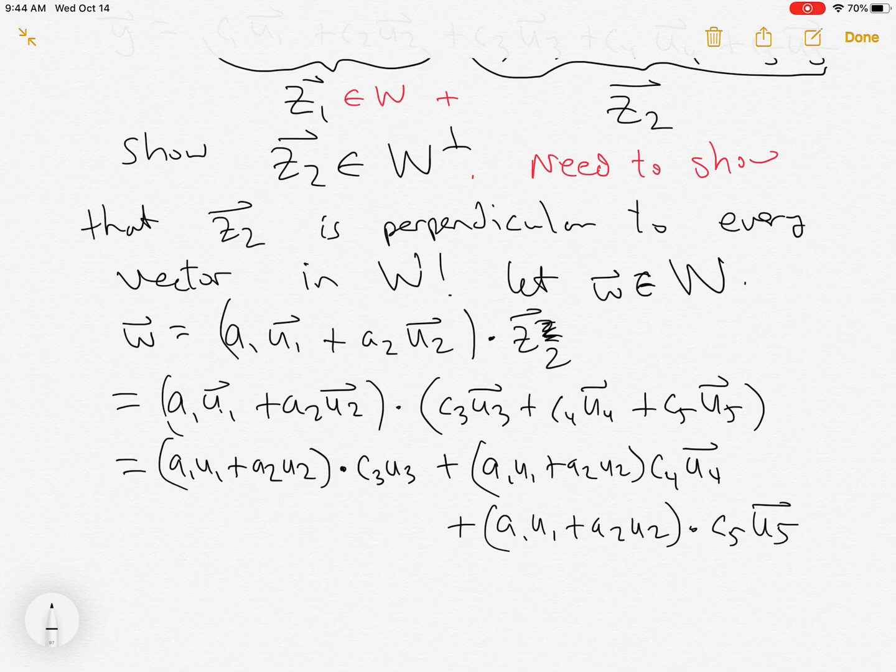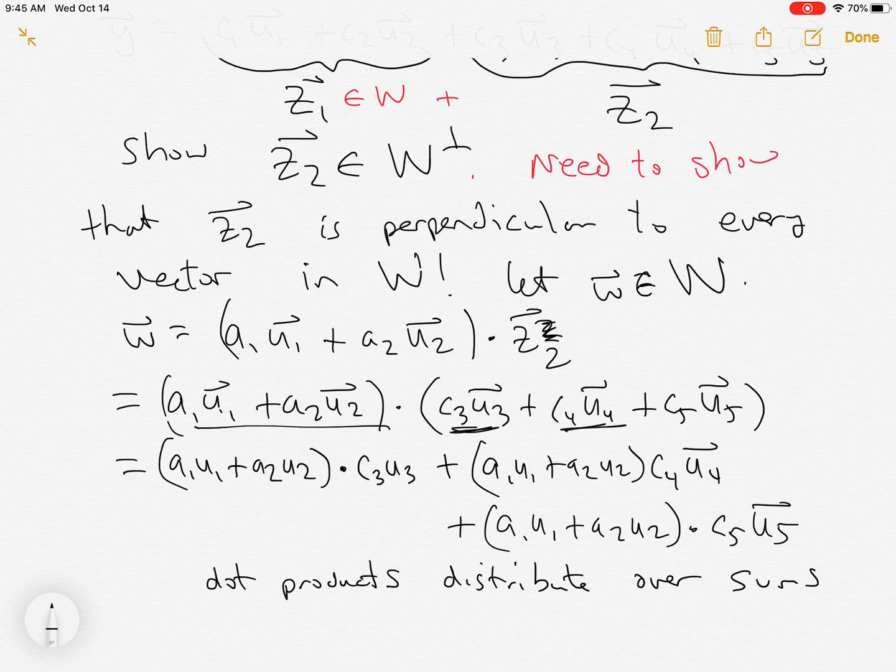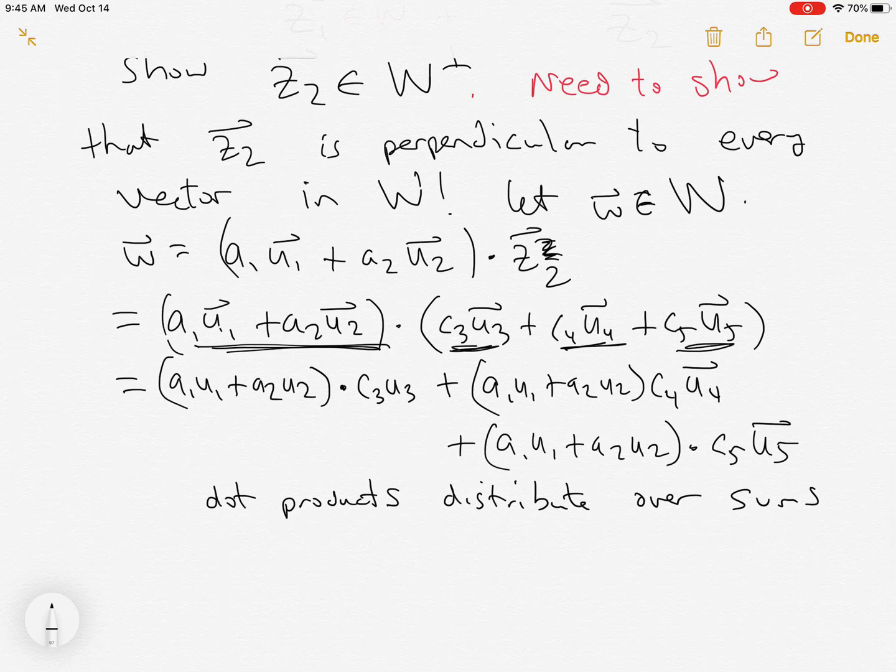So how do we justify that? Dot products distribute over sums, right? So what I did is I distributed this guy over this guy, and this guy with this. So I went right to left.